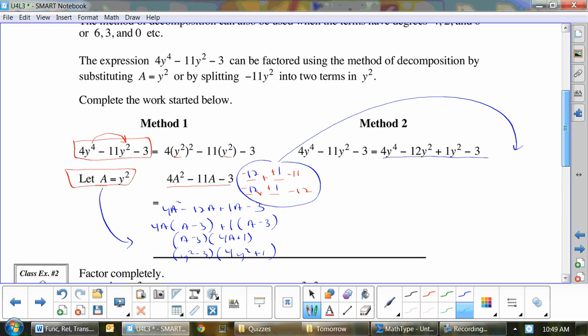What can I take out of this first set? So if I group this and then group this, I can take out a what? 4y squared, right? 4y squared, I can take out a y squared minus 3. Plus I can take a y squared minus 3, and then I can take out a 1, leaving me with y squared minus 3. So I got a y squared minus 3 and a 4y squared plus 1.